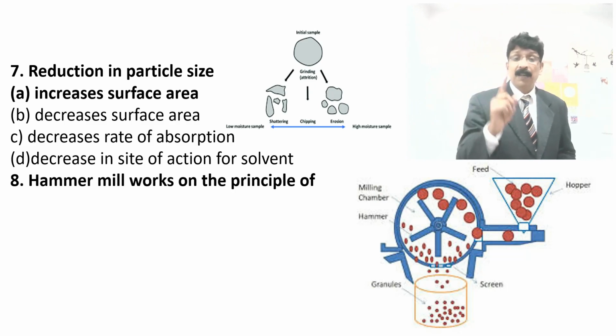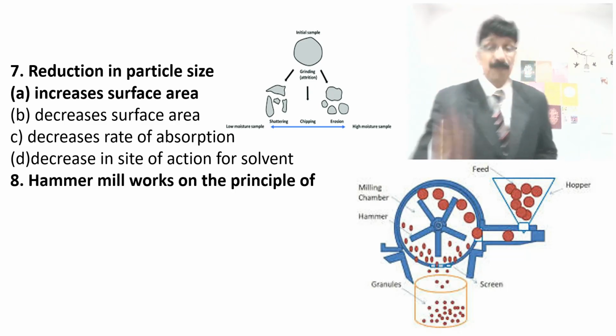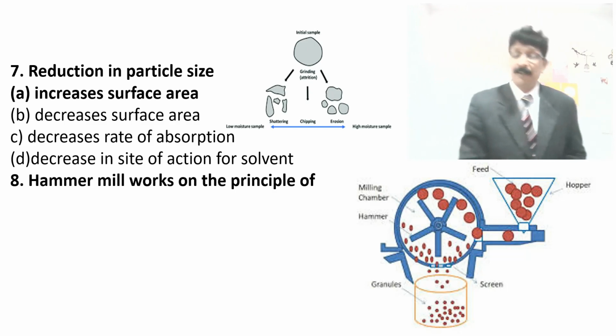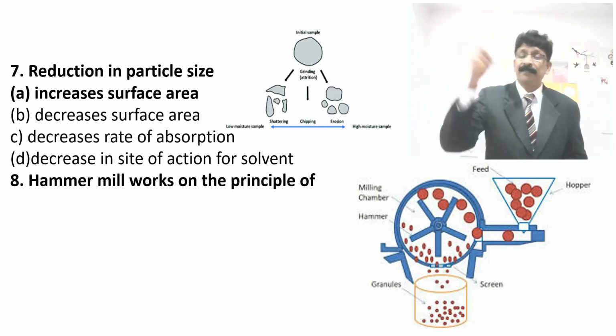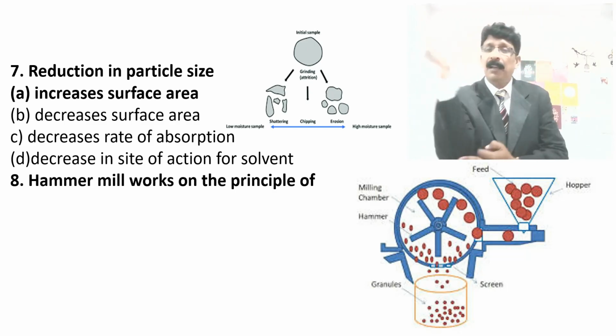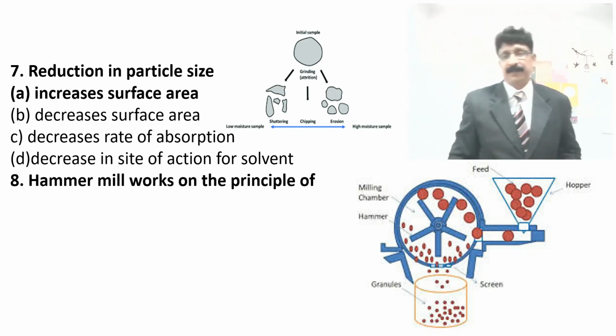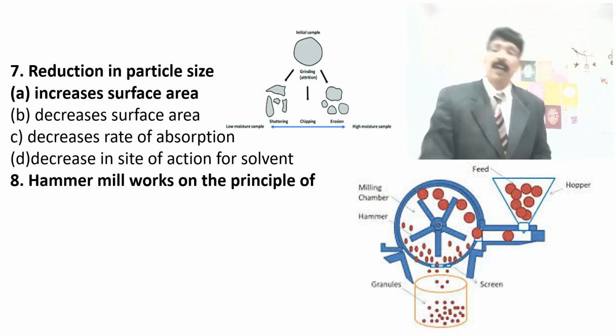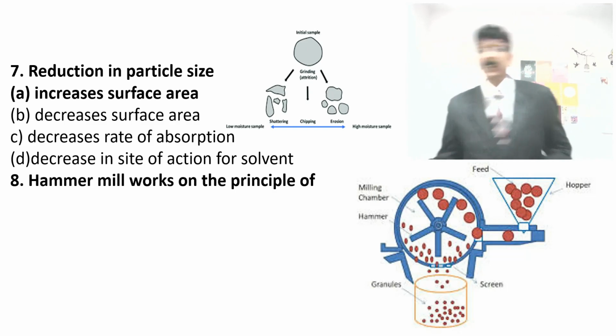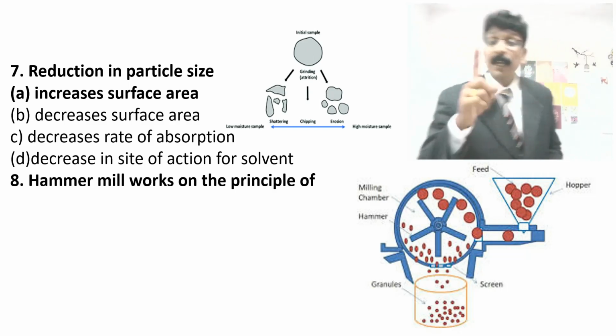Hammer mill works on the principle of what? Students, I have given the hammer mill picture. The hammers are rotating, with a slight swinging movement in this way, so they hit the object. When we are hitting the object, or the object is thrown against the wall, it is called impact.